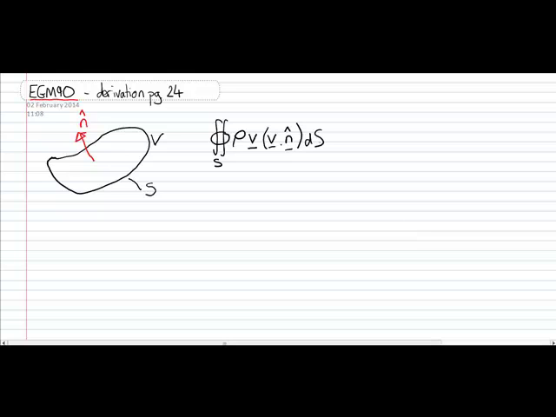So that's the integral of the momentum flux across the surface. And this will be positive for momentum flux out of the surface, plus the rate of change of momentum within that volume, so the time rate of change, d by dt, across the entire volume, so a volume integral now. And that must be equal to the total force acting on the control volume. That's the principle of conservation of momentum, essentially.